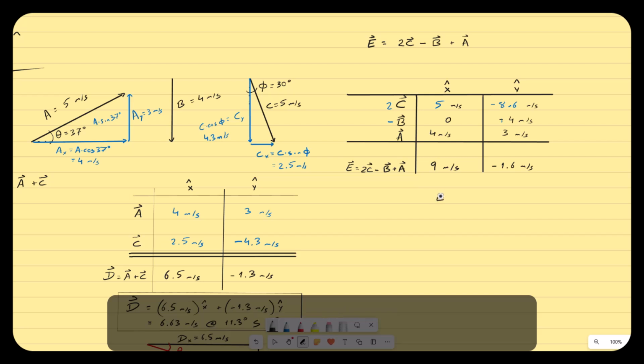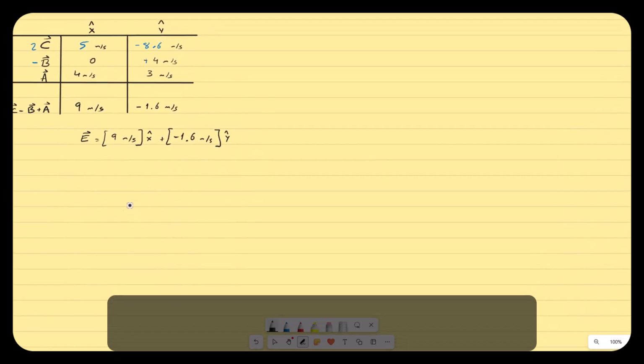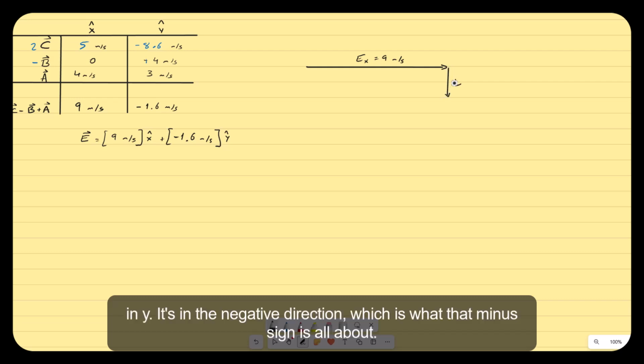So my vector E looks like 9 meters per second in X, negative 1.6 meters per second in Y. If I have to reconstruct this thing, I'm going to get 9 meters per second in X. X is 9. 1.6 in Y, it's in the negative direction, which is what that minus sign is all about.